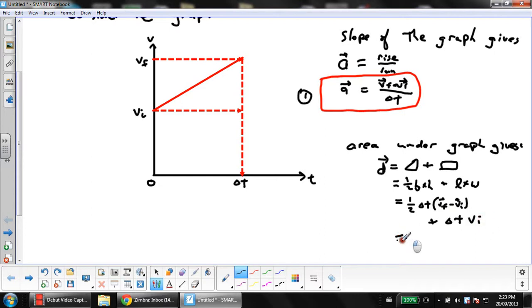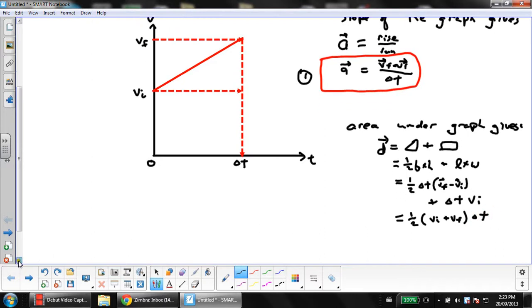Now, if I expand this, multiply 1/2 delta t times each term, and collect all the like terms, I'm going to get 1/2 (VI plus VF) delta t.